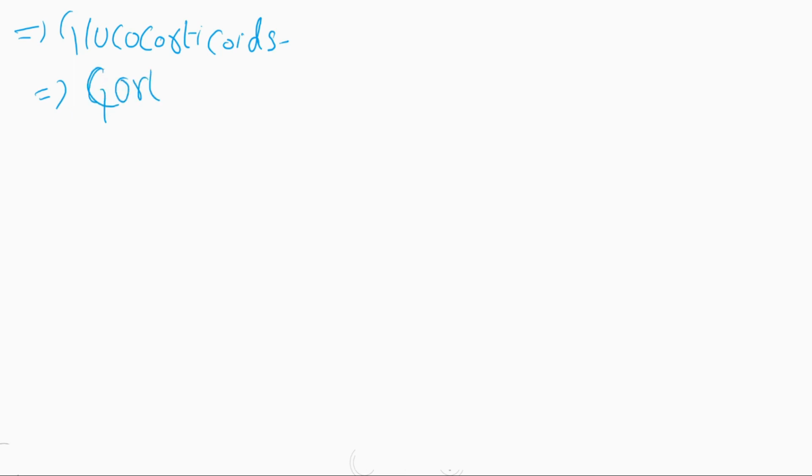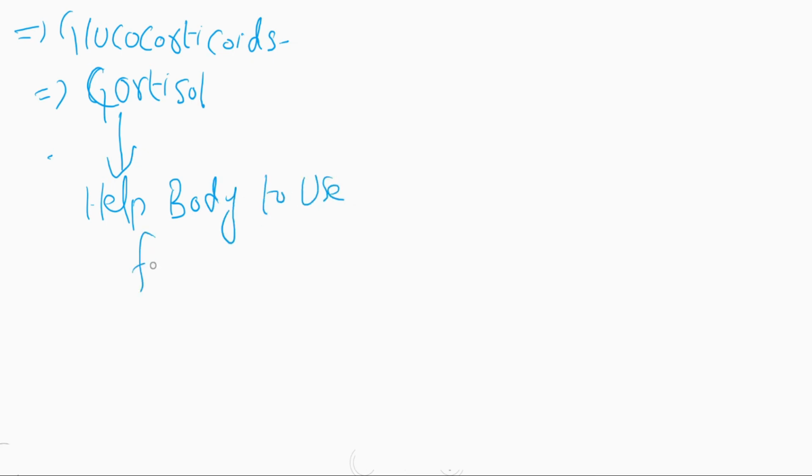Cortisol is a glucocorticoid. It is produced by the zona fasciculata. Cortisol helps the body to use fats, proteins, and carbohydrates.